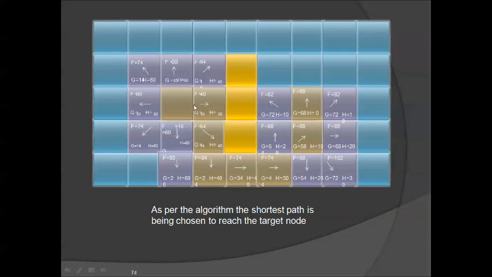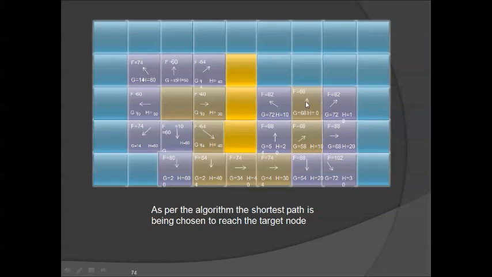This arrow mark indicates from where you have hopped to this particular node. So this particular arrow means that you have hopped from this node to this node, similarly for all. Once you reach the destination node, you just backtrace using these arrows. So this would be your destination.